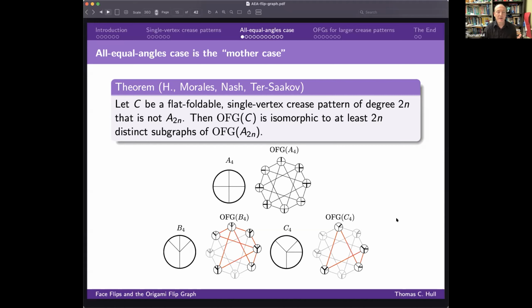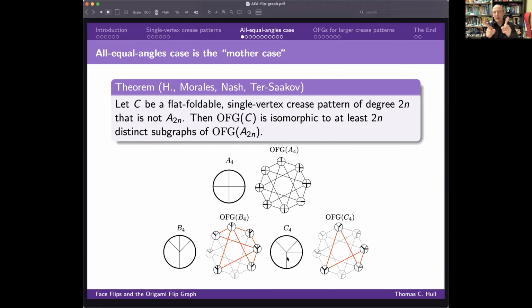You need to look at these, because imagine this vertex was like degree 20 or something like that. Then you could have a lot of different types of angles surrounding it. Some of them might be equal, some of them might be really small, who knows? In order to figure out what the origami flip graph of that looks like, you need to fold it recursively.